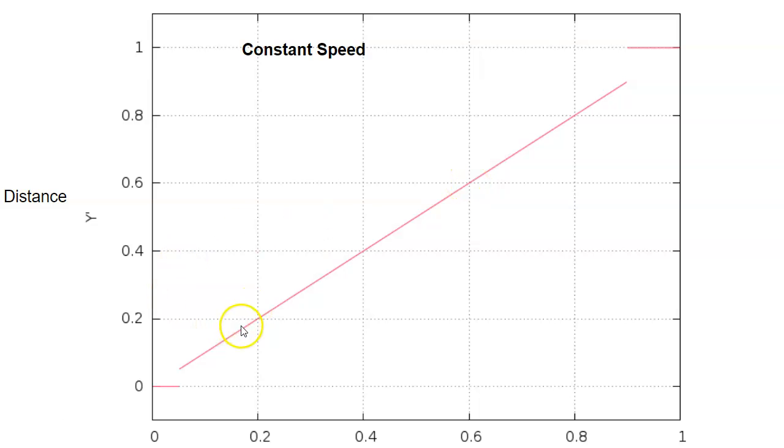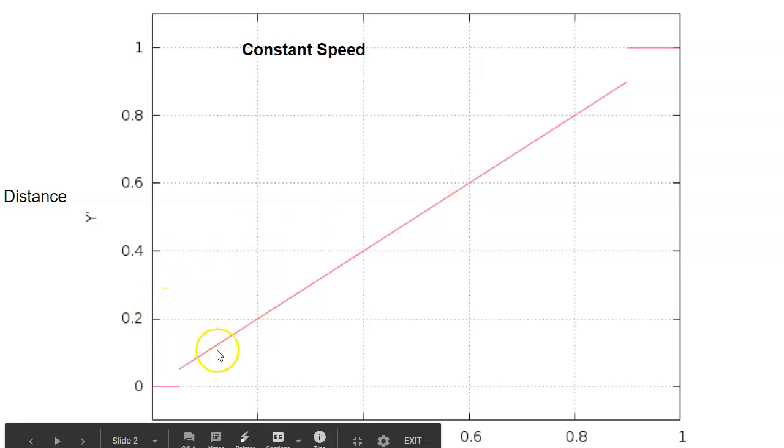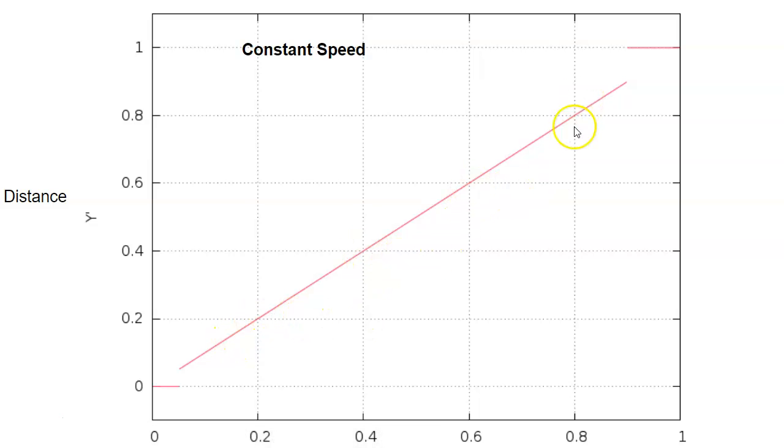So every 2 seconds you're traveling 2 feet. So you're going 2 feet, then 4 feet, then 6 feet, then 8 feet. It's not changing. It is constant. Your speed is remaining the same. Does that make sense? Okay.